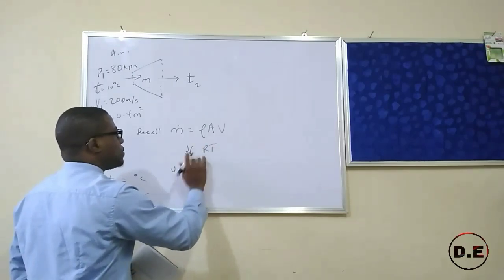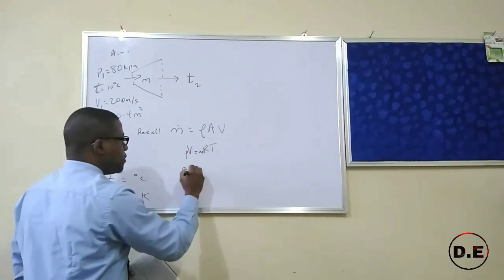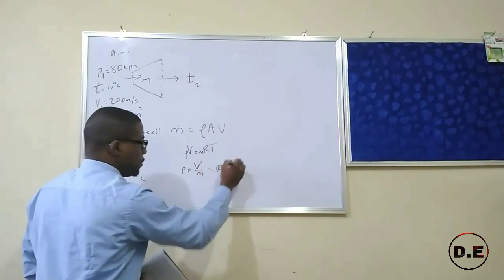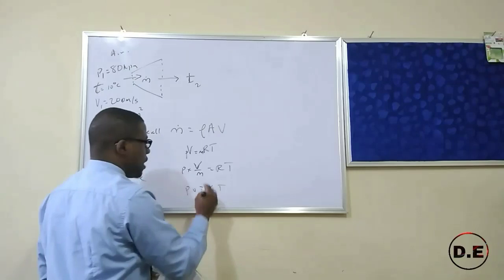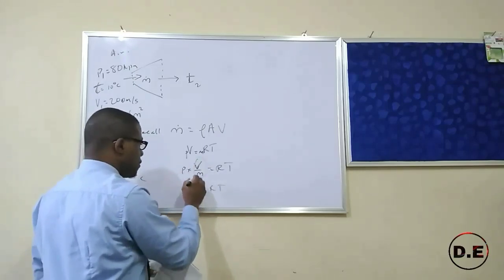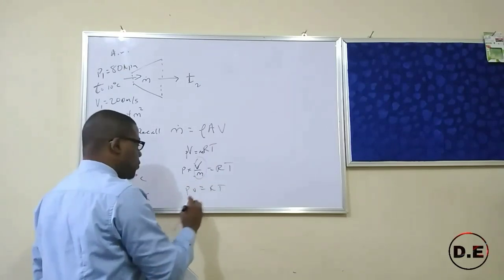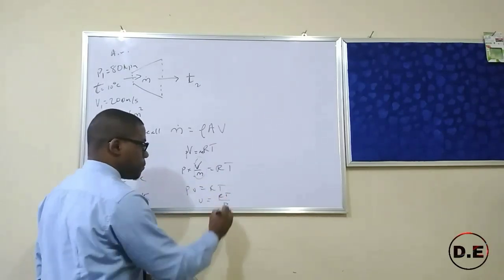P times capital V over m is equal to RT, and then P times small v is equal to RT. I've made this now the specific volume, volume over mass. So now I can also write that small v is equal to RT over P.